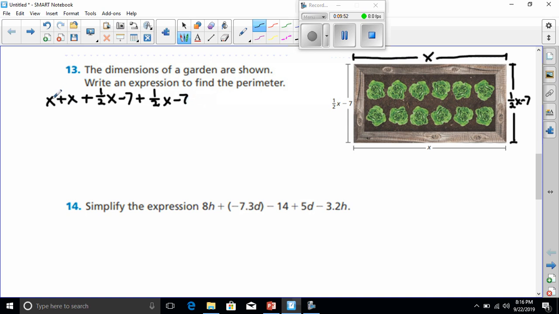All right, over here I have an x and an x, so that's going to give me 2 x's. But then I have these half x's over here. So in actuality, I have x plus an x plus a 1/2 x, and then another plus 1/2 x.